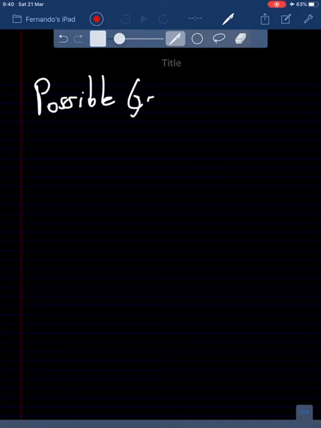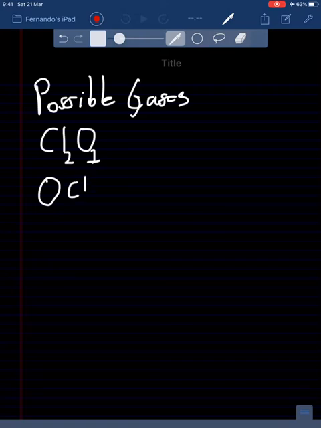Possible gases that you may have, let's say for example, are ClO, just 1 and 1. Another one that you can have is OCl2. That's another possibility. And the other one is ClO2.